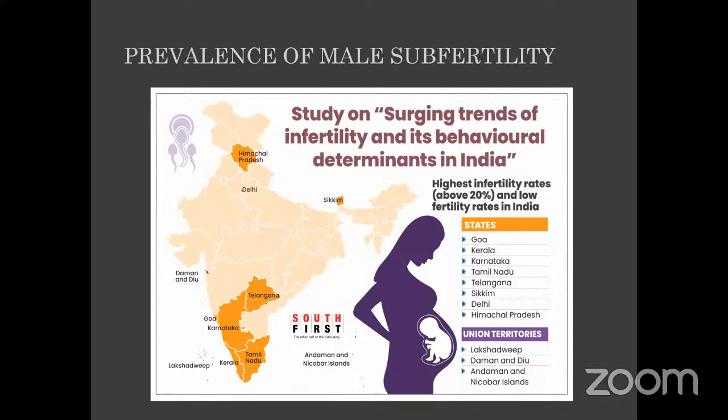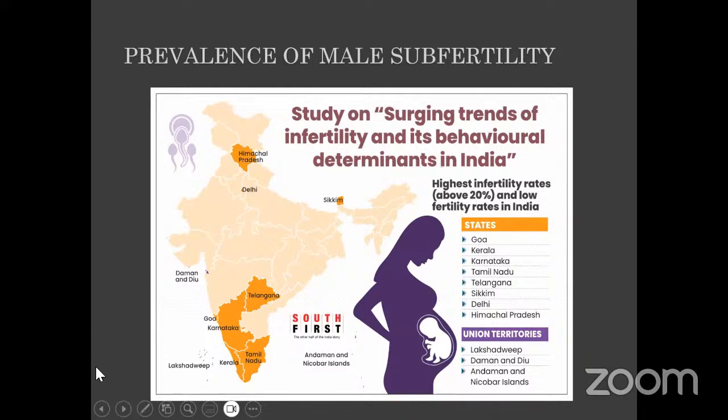If we look at infertility overall in our country, fertility problems are much higher in the South Indian states, Kerala, Tamil Nadu, Telangana, and Karnataka. And more or less, the upper middle class population are the ones who are suffering from this condition. As high as about 20% of all people do suffer from fertility problems in today's day and age.